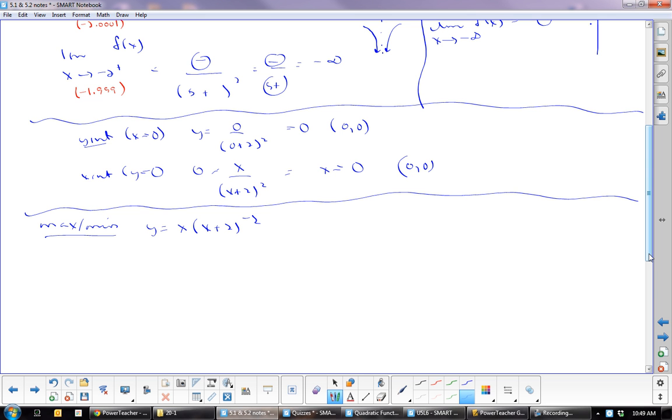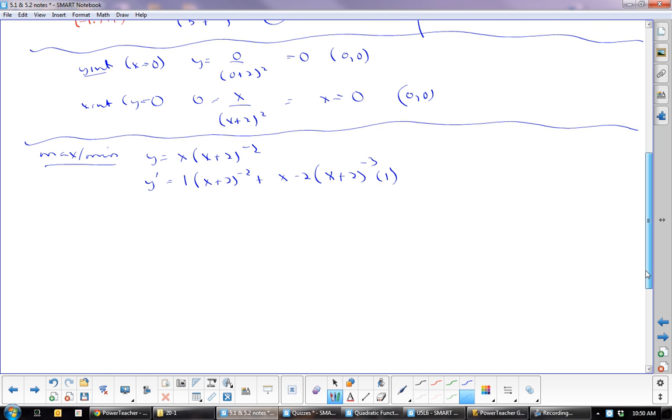They're probably both the same amount of work, but people like the... Okay, so y prime equals the first times the derivative of the second, plus the second times the derivative of the first. The derivative of that second would be what? Negative 2 times, and I'm just going to put times the 1 so I remember to do the chain rule, right? Because you got to do the derivative of x.